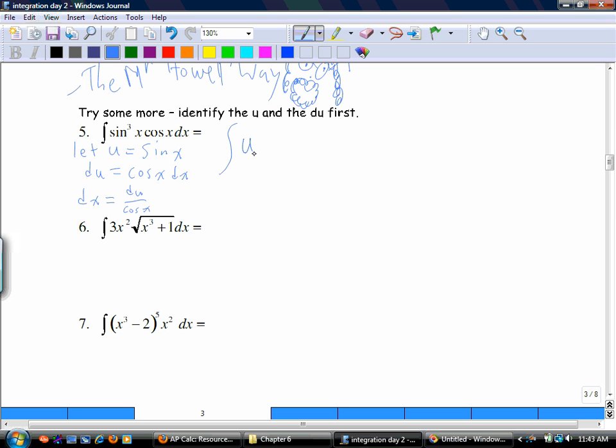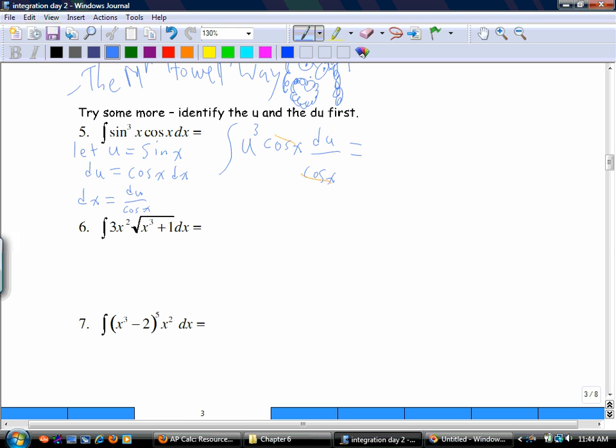So it's going to be u cubed. But you have to make u something so that when you take the derivative of it, it'll cancel. Because now I have du over cos x. Oh, the cos x's cancel, right? I'm left with just u cubed du.